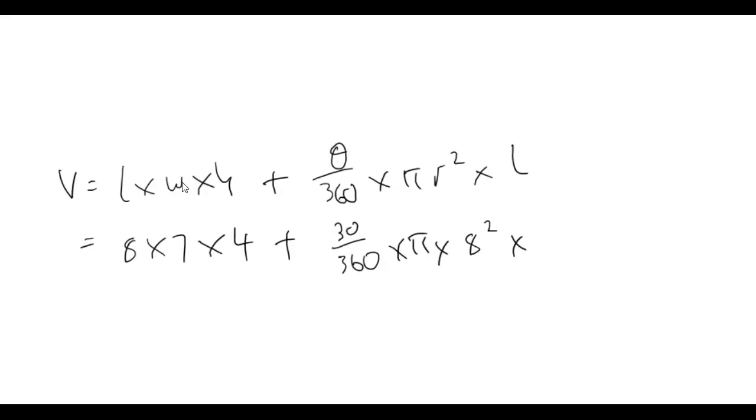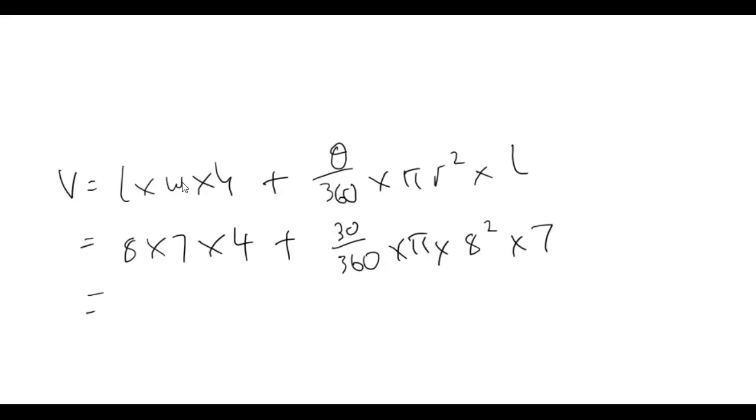And the length of that cheese is a little bit hard to see, but it is 7. Okay, so plug that all into your calculator. So 8 times 7 times 4 plus 30 over 360 times pi times 8 squared times 7.